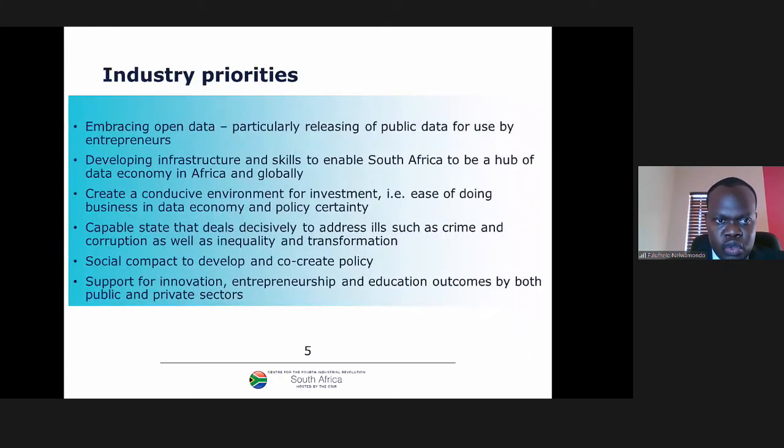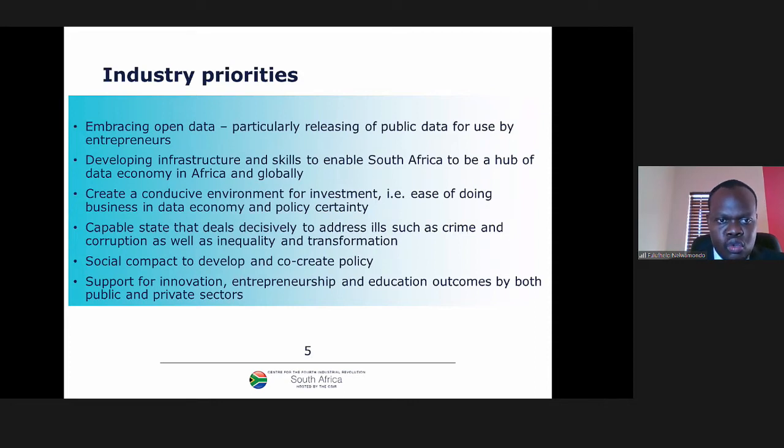We also look into the industry priorities. Without getting into details here, the aspects that were critical, that came very strong, were around embracing open data, particularly looking into public data for use by the private sector. We look into the development of infrastructure and skills, and this is a theme that came very strong in this conference since it began.